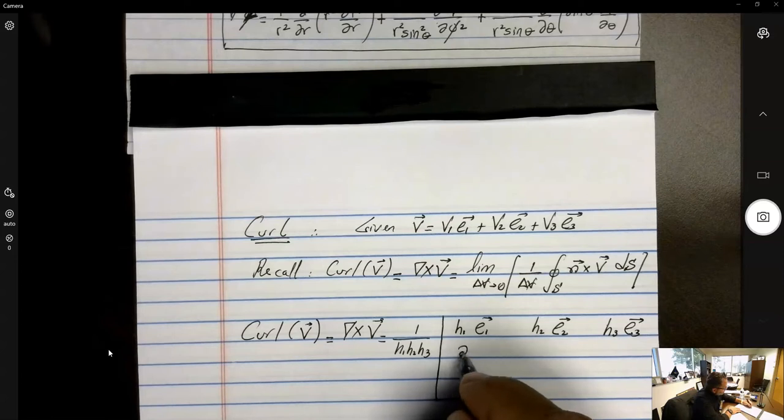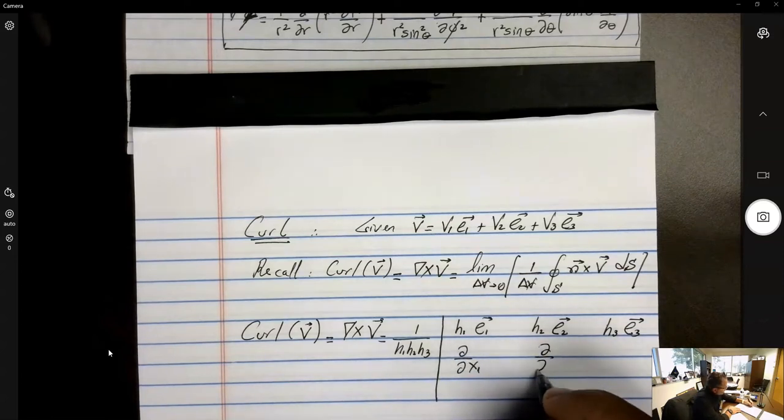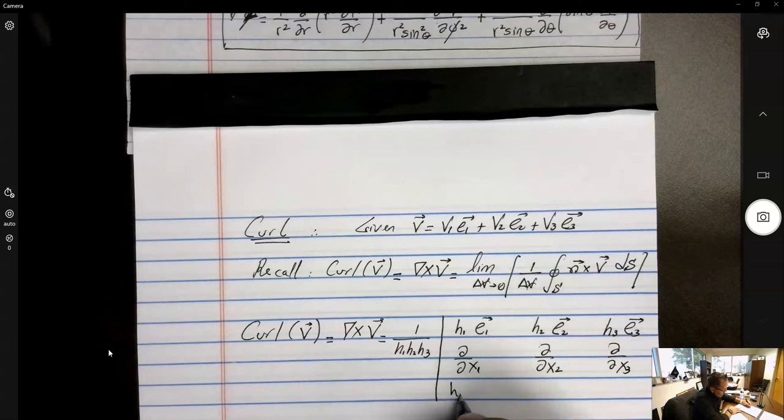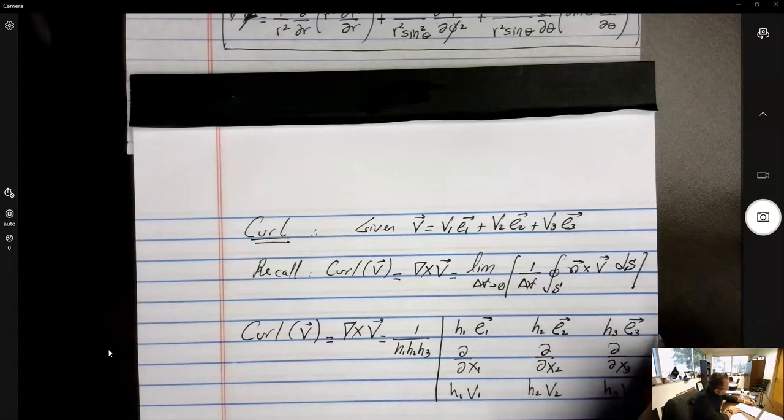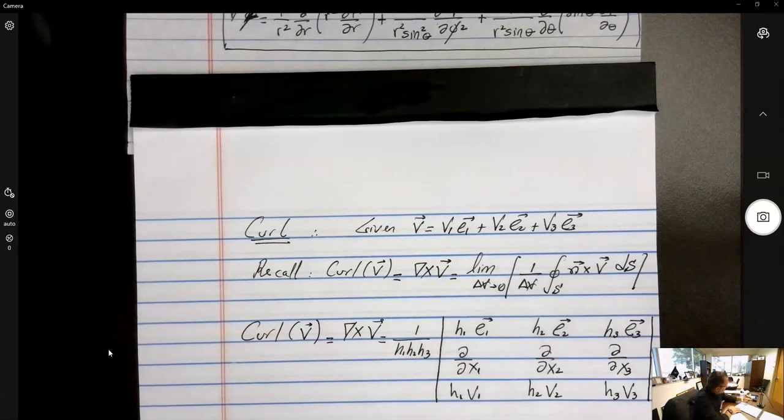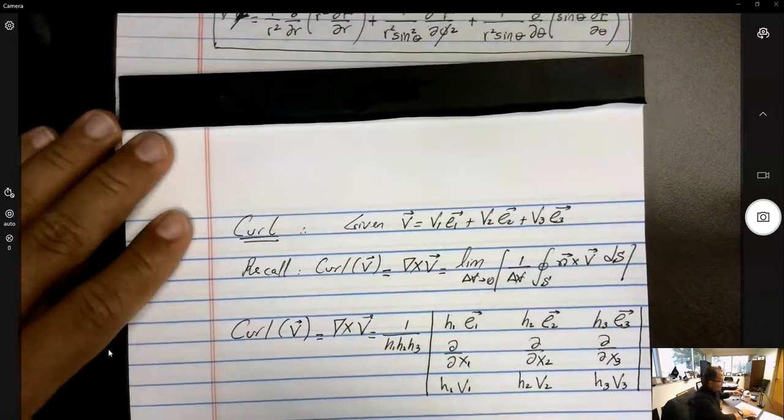So this will be d dx1, d dx2, and d dx3, and this will be h1 times v1, h2 times v2, and h3 times v3. All right. So that is a general form of these.